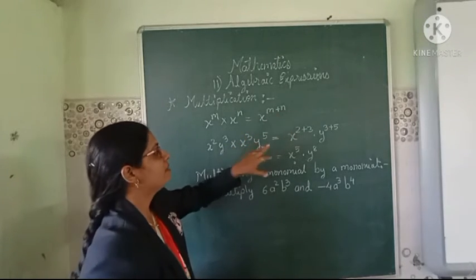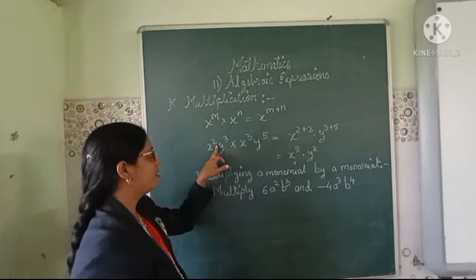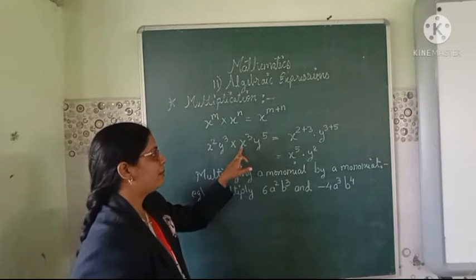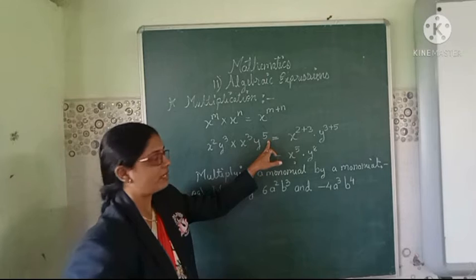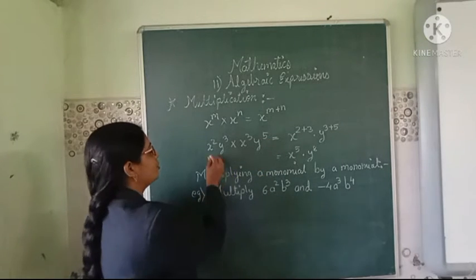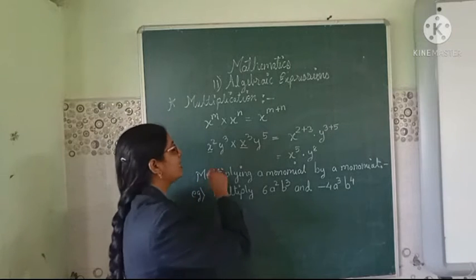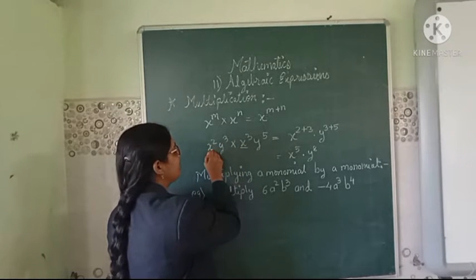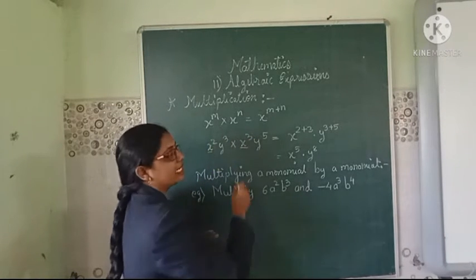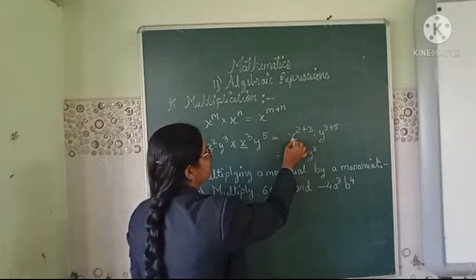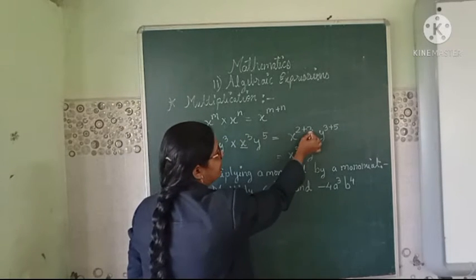For that we will have one example, that is x square y cube multiplied by x cube y raised to 5. In this you can see the base x is the same, so their powers will get added. So x raised to 2 plus 3.